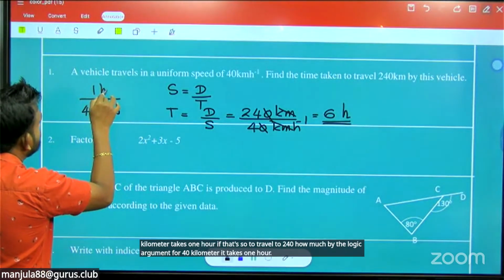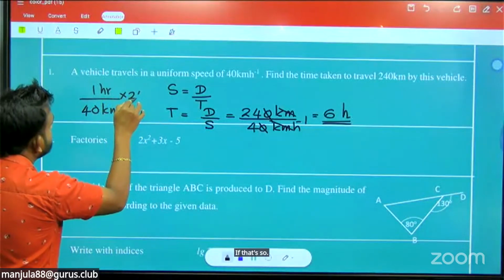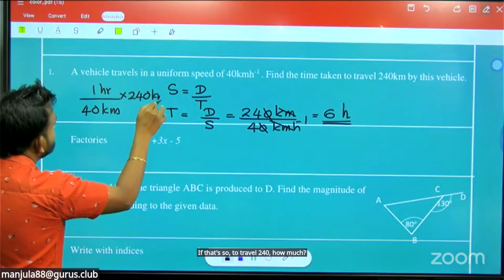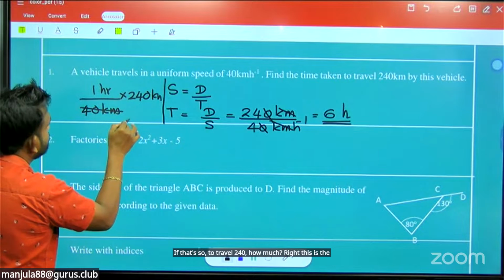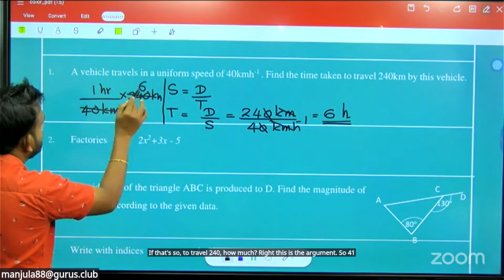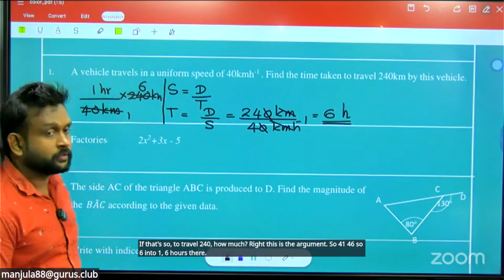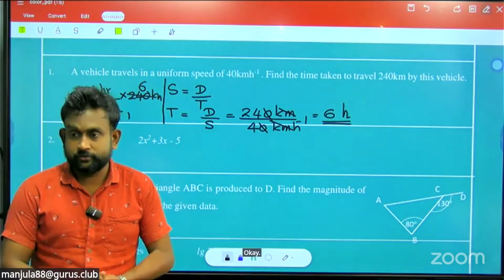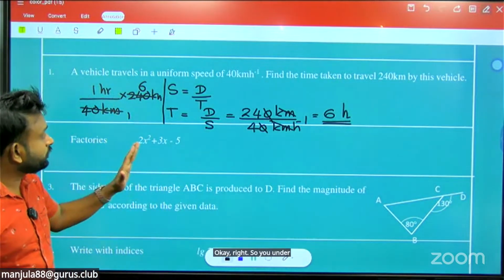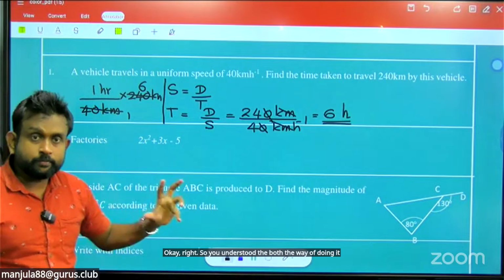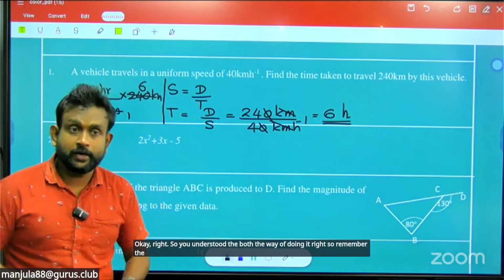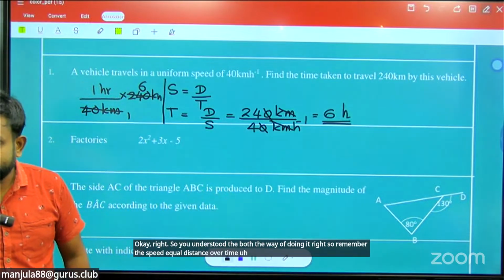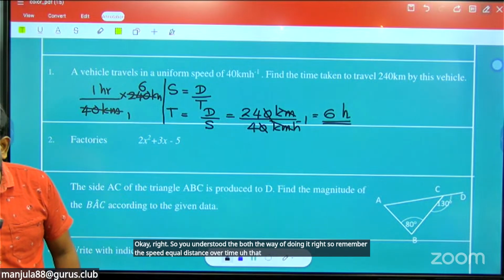So 40 times 6 is 240, so 6 times 1, 6 hours. You understood both ways of doing it, right? Remember the formula speed equals distance over time. Based on that you can build up other things too.